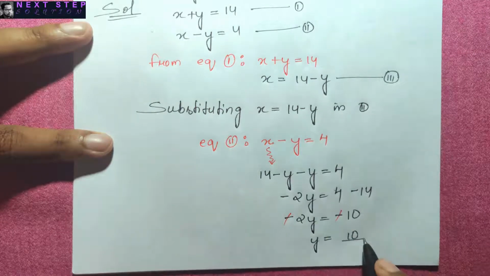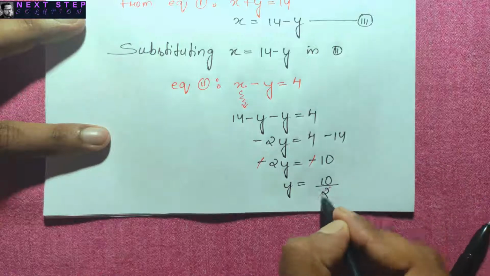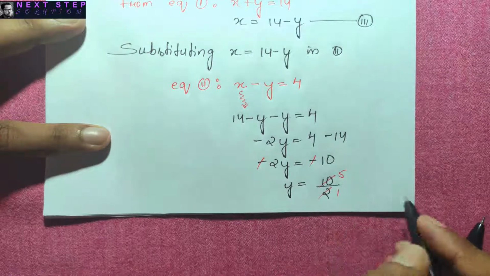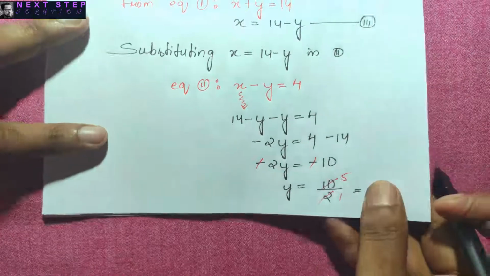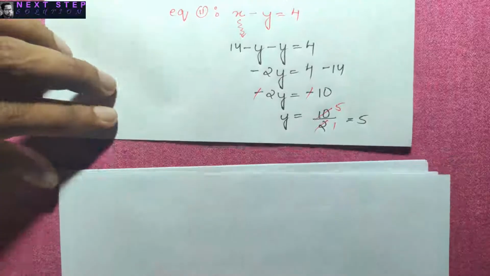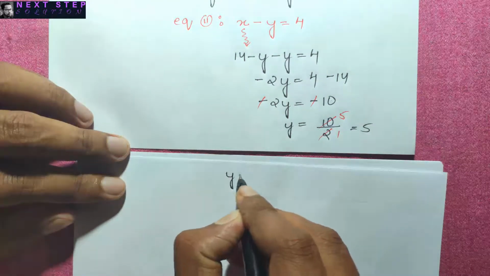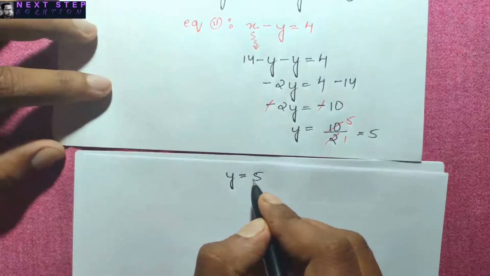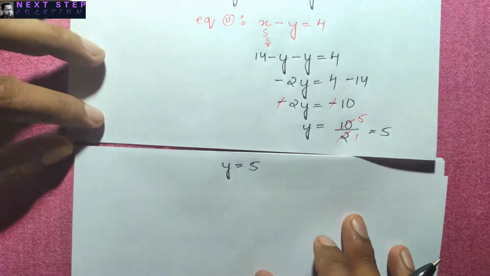This 2, if we move it to the other side, comes as divide. Now we can cancel: 2 ones are 2, 2 fives are 10. So we got y equals 5. Now we can substitute this value in equation 3 to find out what is x.